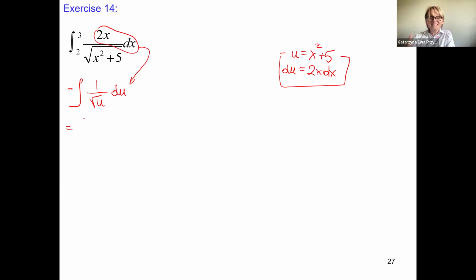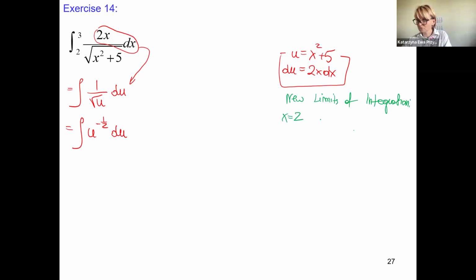Okay, let's compute the limits of integration. I will just rewrite the function 1 over square root of u as u to the negative half, but let's first find the new limits of integration. When x was 2, the new value of u will be x squared plus 5, 2 squared plus 5, which is 9.